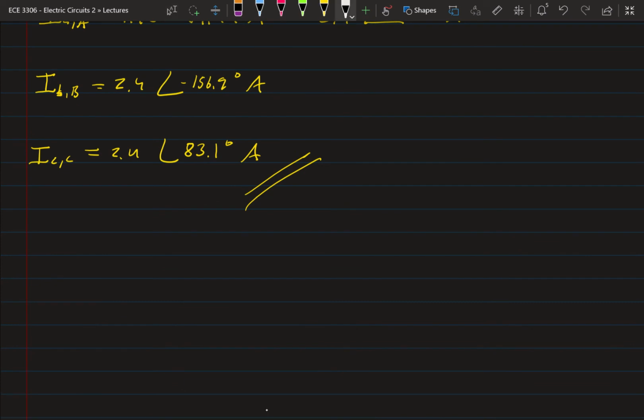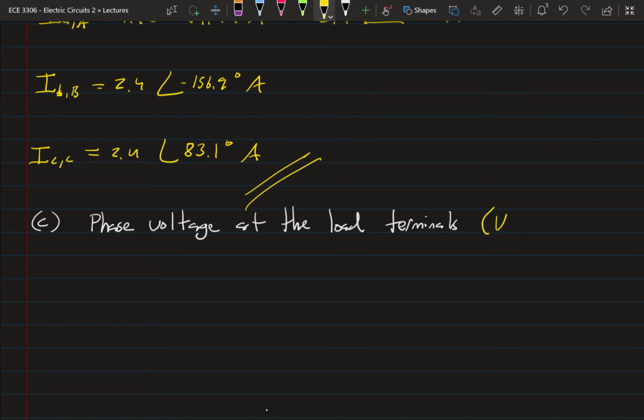Part C asks us to calculate the phase voltage at the load terminals. That's going to be our VAB, VBC, and VCA.